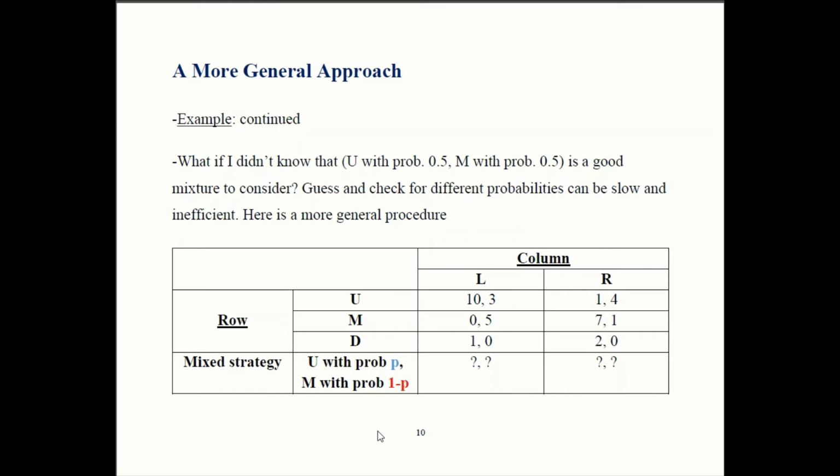So you want to take this more general approach instead. We're still suspicious that D could be dominated, so in general, we play U with probability P and M with probability 1 minus P. Now let's try to find a value of P that's going to work.